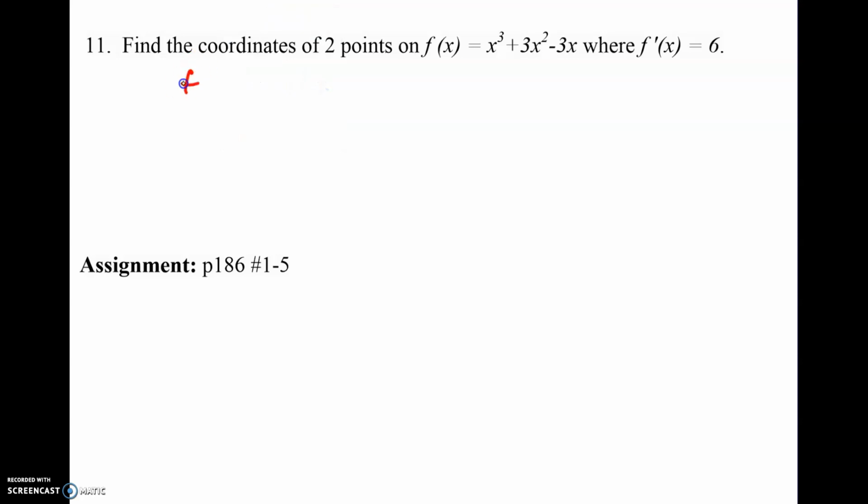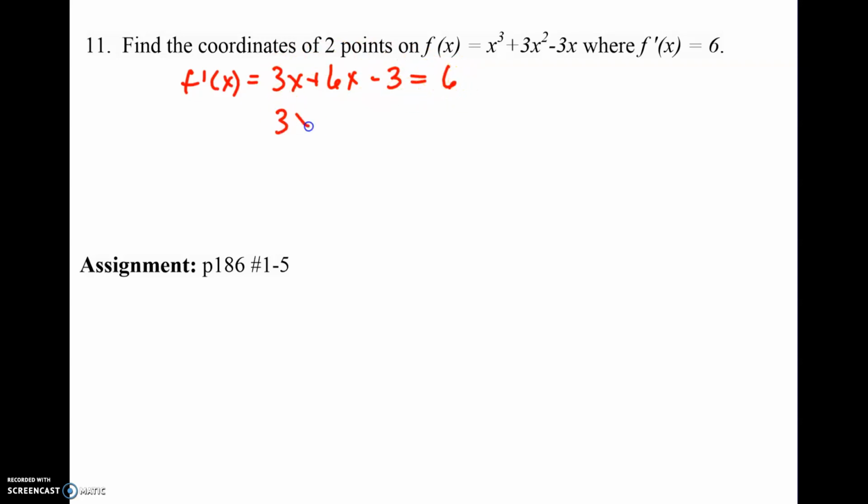Oh, that's funny. f derivative of x equals 3x squared plus 6x to the power of 1 minus 3, x to the power of 1 minus 1, 0. Good. Now it says here that this derivative equals 6. So let's solve for x here and find two x values where the derivative equals 6.